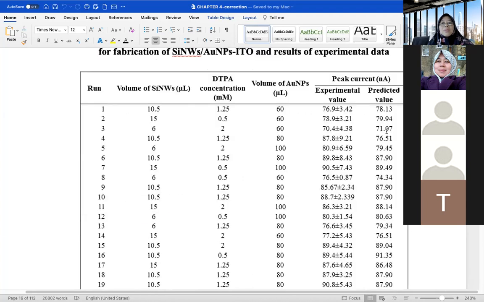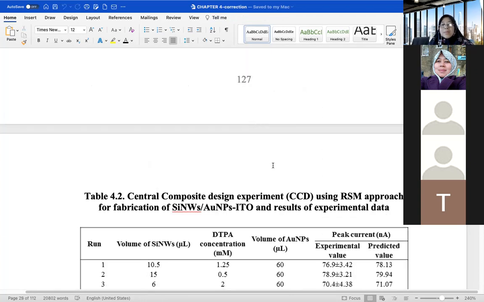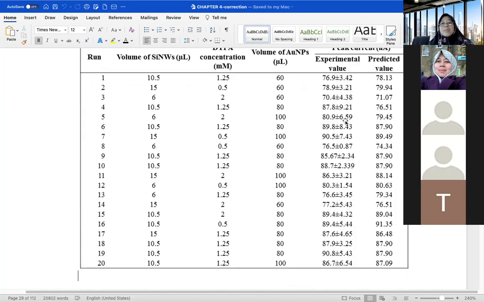Okay, this is very important. This is RSM. I don't know whether you know about RSM or not, but RSM helps you with the formulation.